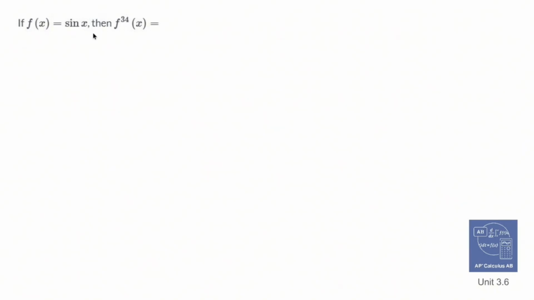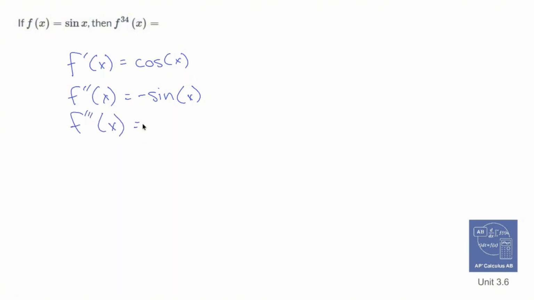I wonder if there's a pattern. Well, all right, so let's do this. The first derivative is going to be cos x. The second derivative is going to be the derivative of cos x, which is negative sine x. The third derivative is going to be the derivative of negative sine x, which is negative cos x.